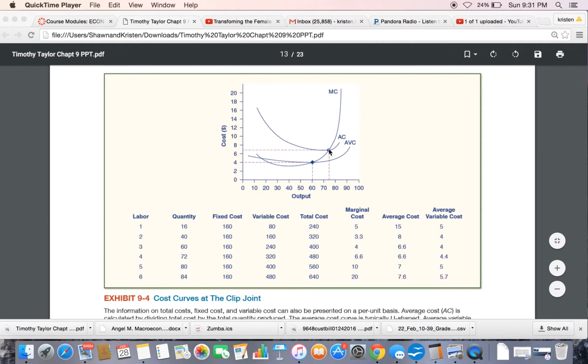Average total costs are therefore going to be above average variable costs, and the difference will be your average fixed cost. This is also demonstrated by the equation: average total cost equals average variable cost plus average fixed cost.